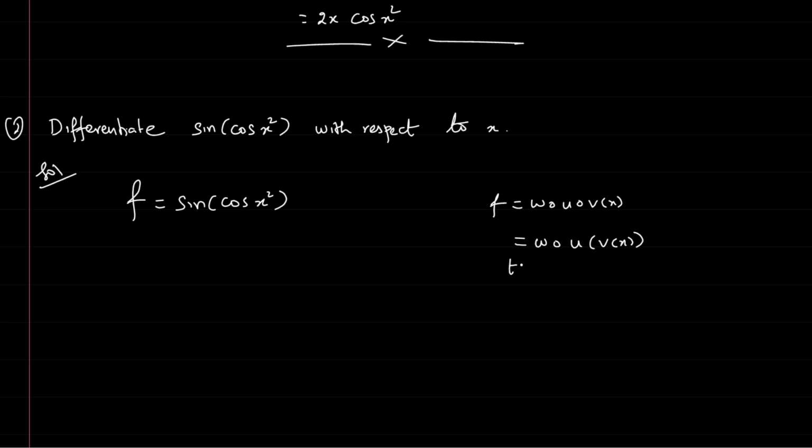So I am going to take t is equal to v of x. So we can write this as w of u of t, and I am going to take s is equal to u of t, therefore f is equal to w of s.